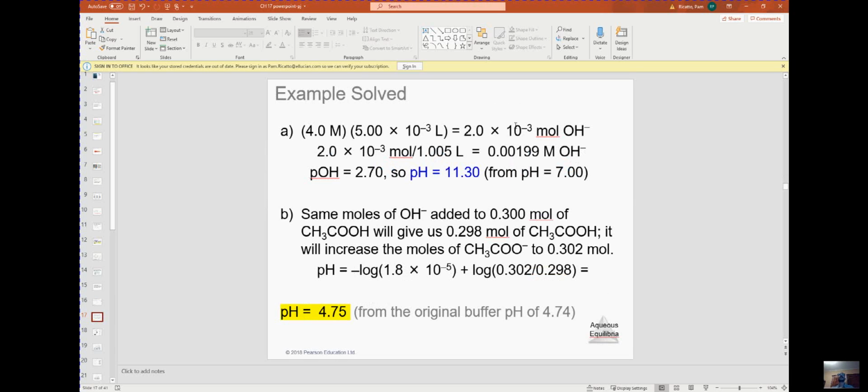All right, so this is times 10 to the minus 2. Then I have, let me take the pOH of that. So let's do the log of 0.00199. So this is right here, not here.